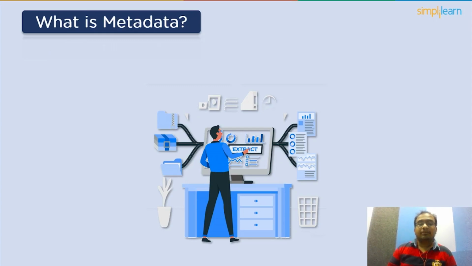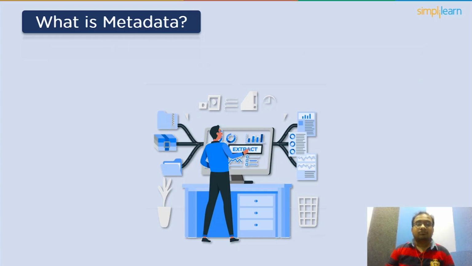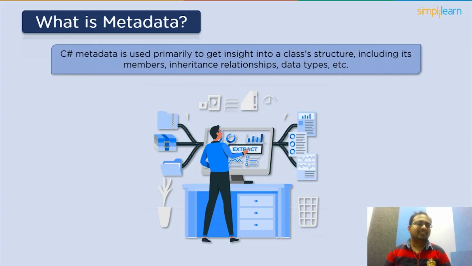Next, the metadata contains all data types and data members specified and referenced in the assembly. The information is loaded from memory when C# code is executed at runtime. The primary goal of C# metadata is to learn about the class, the data members, inheritance, and the data types, among other things.